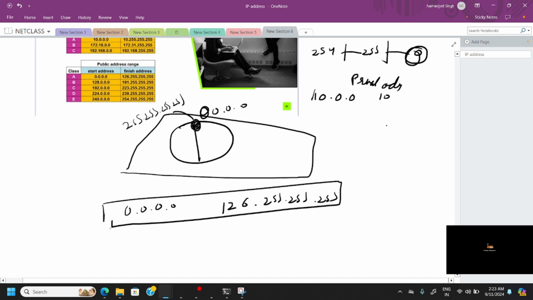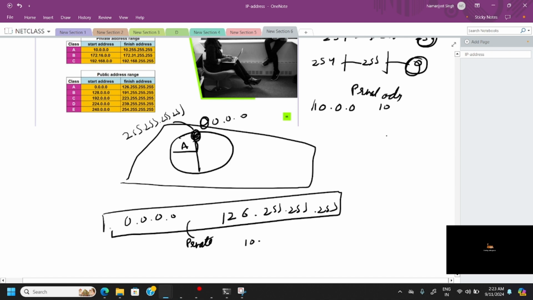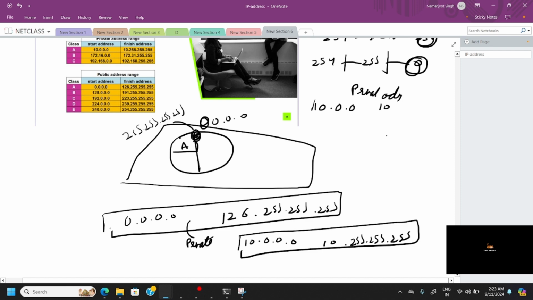In this class A address, we have some private range also that can be used by everyone. So private is 10.0.0.0 to 10.255.255.255. Okay, this is the private range in class A.